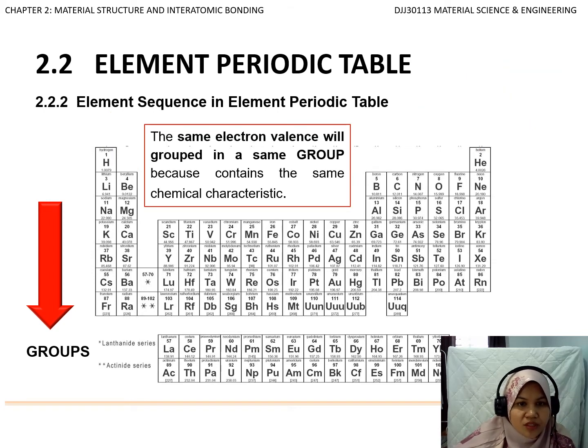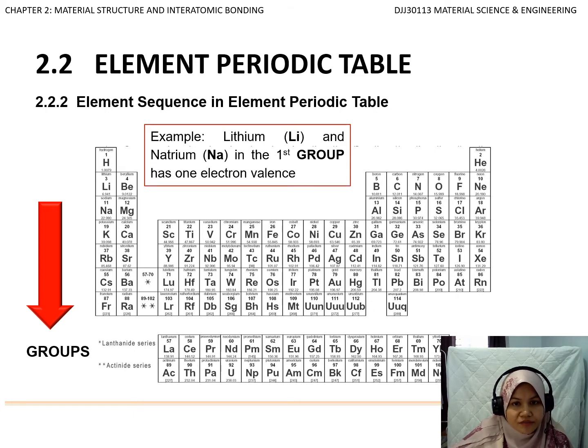So, the same electron valence will be grouped in the same group because it contains the same chemical characteristic. Electron valence yang sama akan dikumpulkan, dia akan diletakkan dalam kumpulan yang sama. Kenapa? Kerana dia mempunyai chemical karakteristik yang sama.